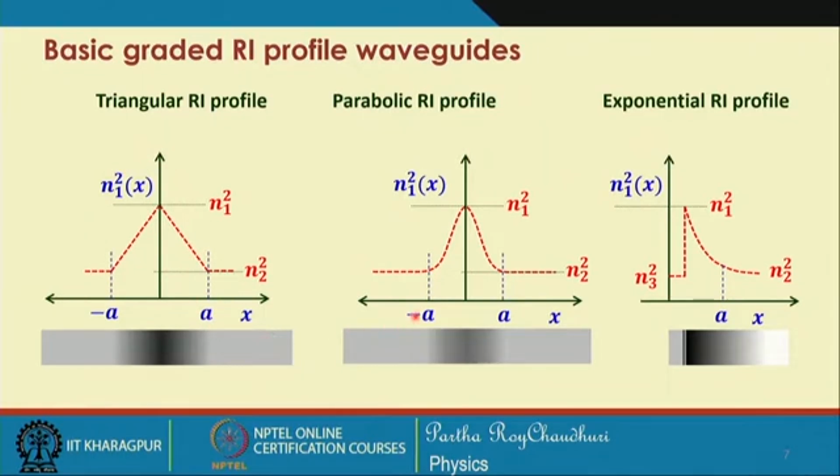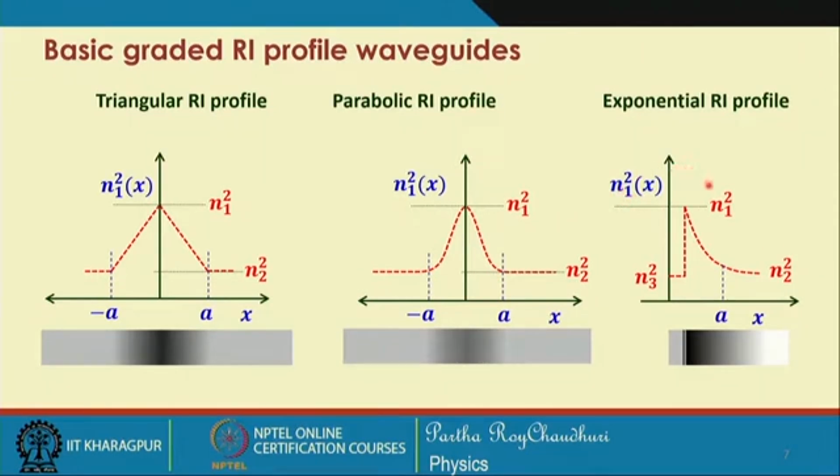Then we have a very common refractive index profile waveguide, which is the parabolic refractive index profile. At the center you have the maximum value n 1 square, and then it falls parabolically as a function, like a parabola, and it assumes a constant refractive index n 2 on either side, that is away from the core.